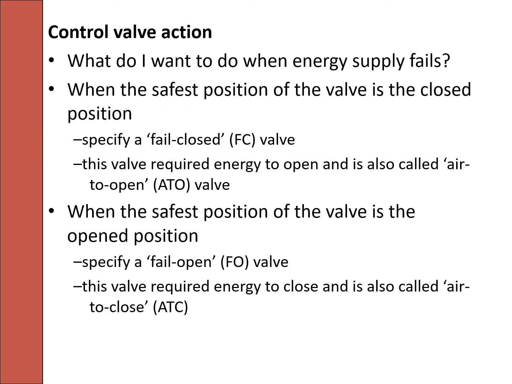Now I will explain the control valve actions. We have two types of control valve actions. What do I want to do when the energy supply fails? When the energy supply fails, sometimes it may have consequences on the equipment.